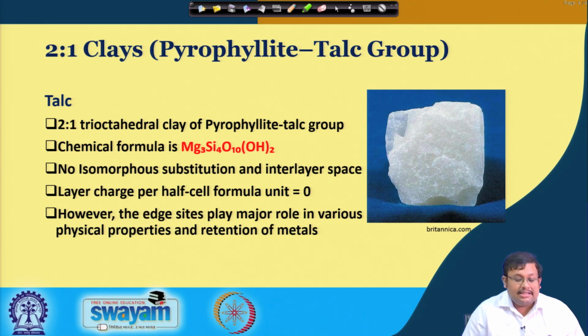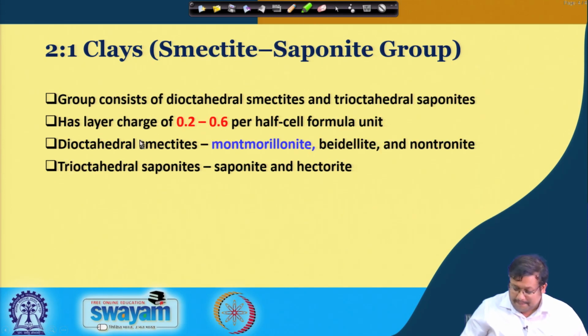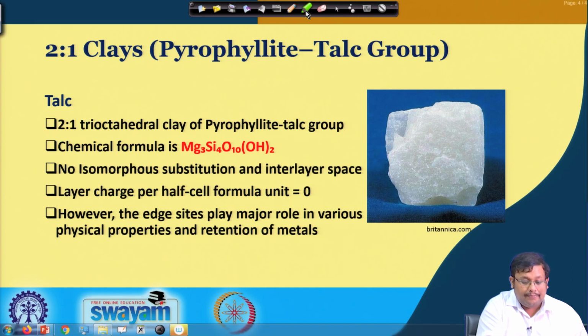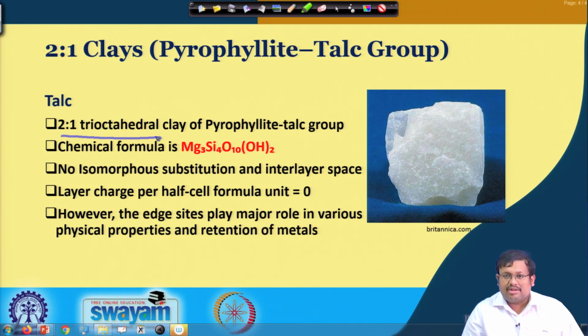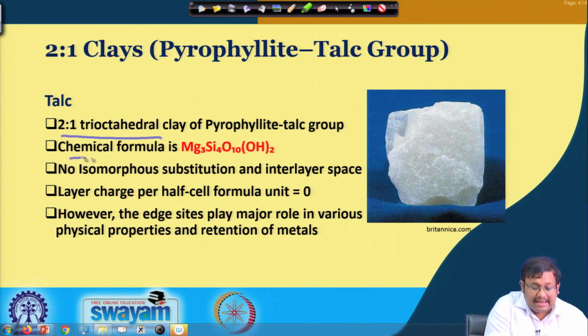Let us move ahead and see another important mineral in this group. It is talc, which is also a 2:1 trioctahedral clay. Again, being trioctahedral means it has magnesium in its structure, as you can see in the chemical formula.